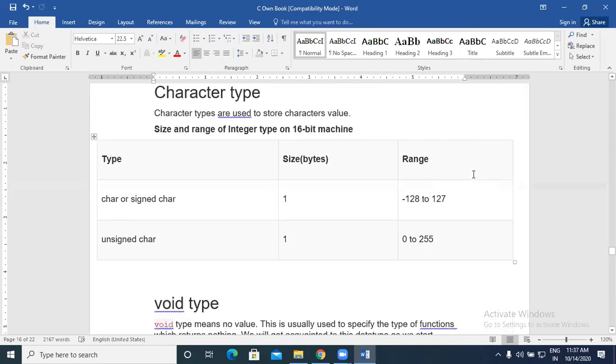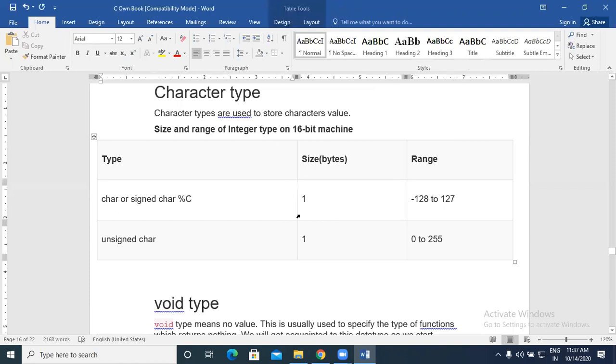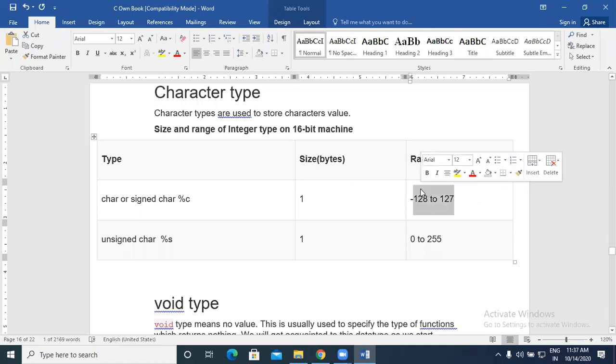First, character or signed character is useful for input and output purposes, with percentage C. Percentage C means character, right? Only a single character, the size is 1 only, and the range is -128 to +127.